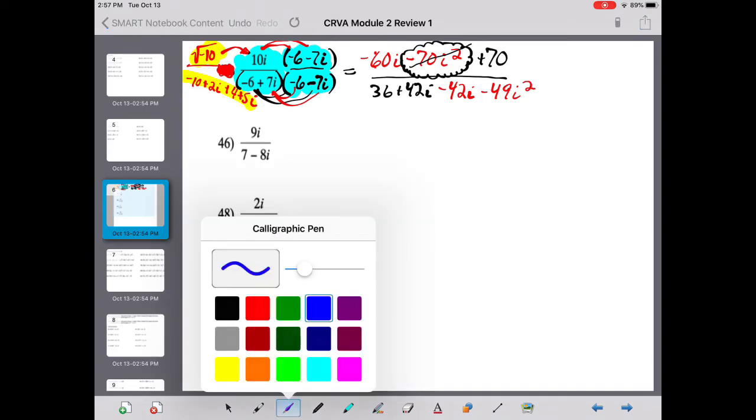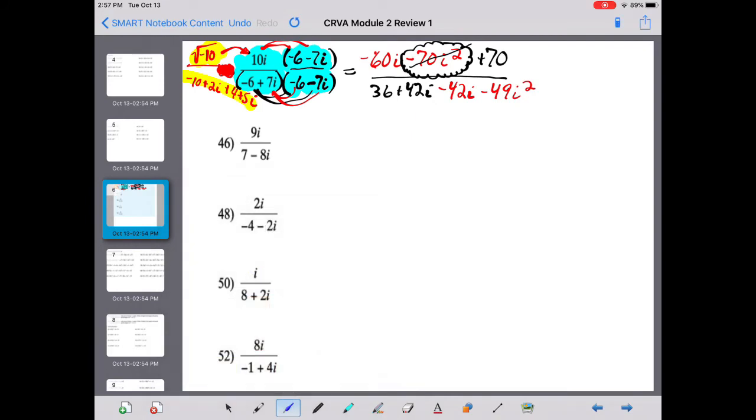But, alrighty. So, let's simplify the bottom. On the bottom, when we combine the i's, check that out. 42i and negative 42i become 0i or no i's. Coincidence? No. Using the conjugate creates that. And then there, that's negative 49 times negative 1, which is positive 49.